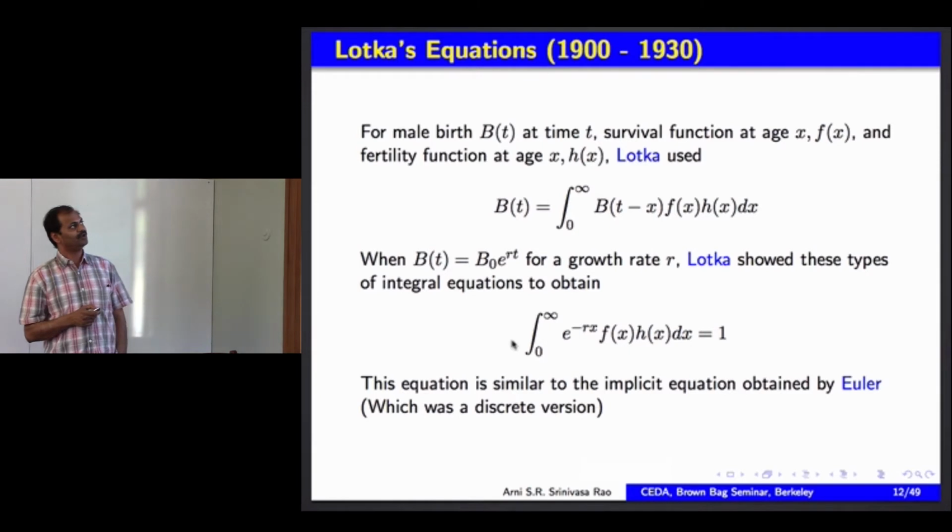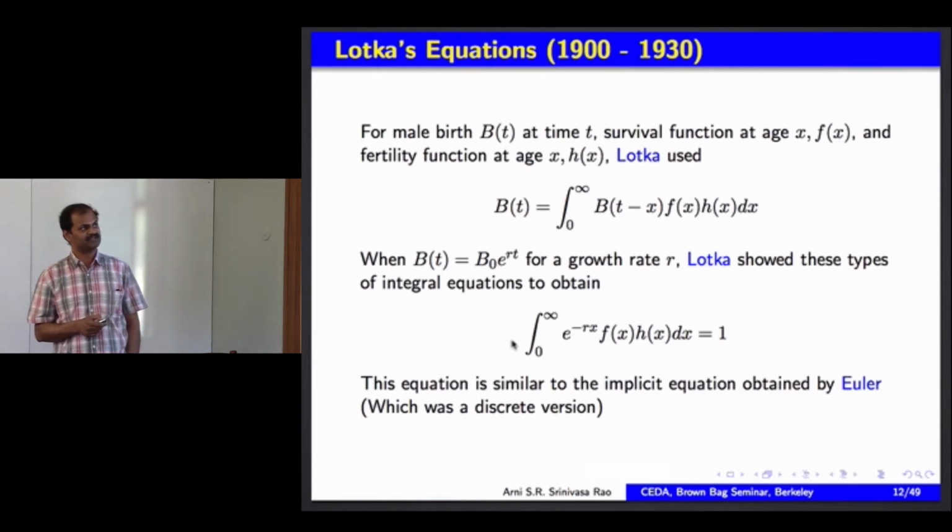And then coming to Lotka's equation, for male births B_t at time t, with survival function f_x at age x and fertility function h_x, Lotka brought in this renewal equation: B_t = ∫ B_{t-x} f_x h_x dx.